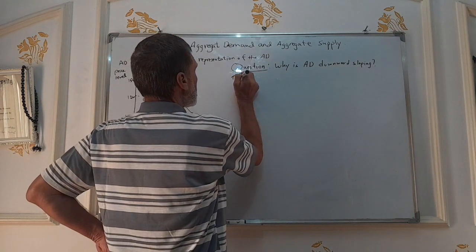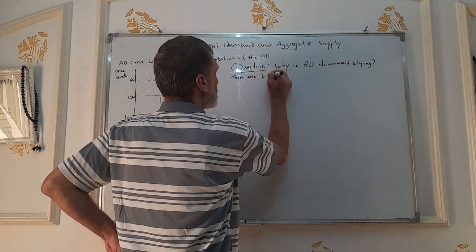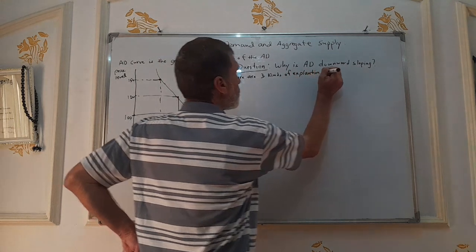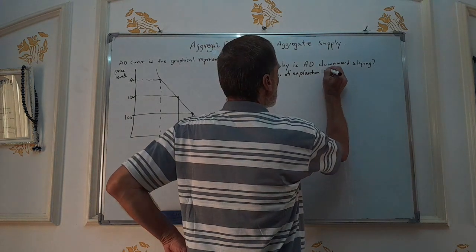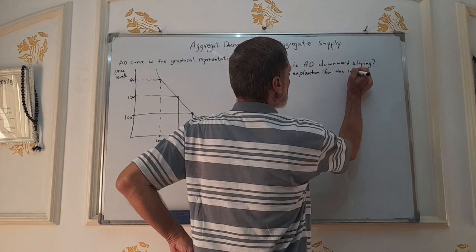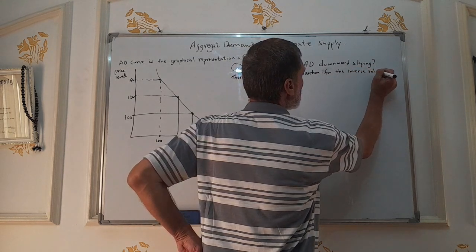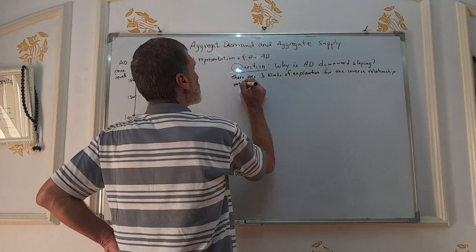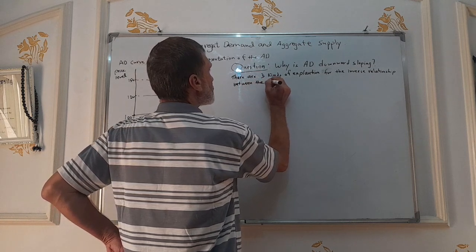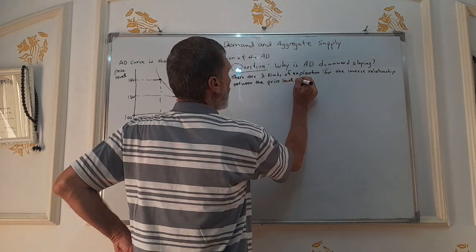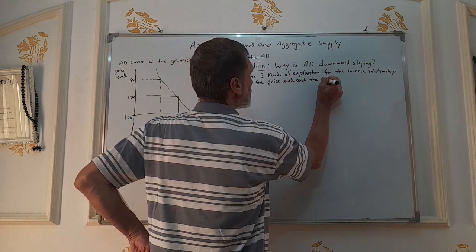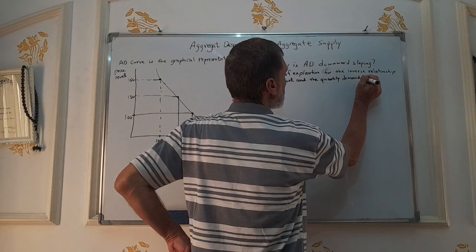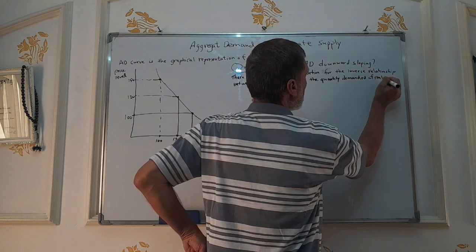There are three kinds of explanation for the inverse relationship between the price level and the quantity demanded of real GDP.